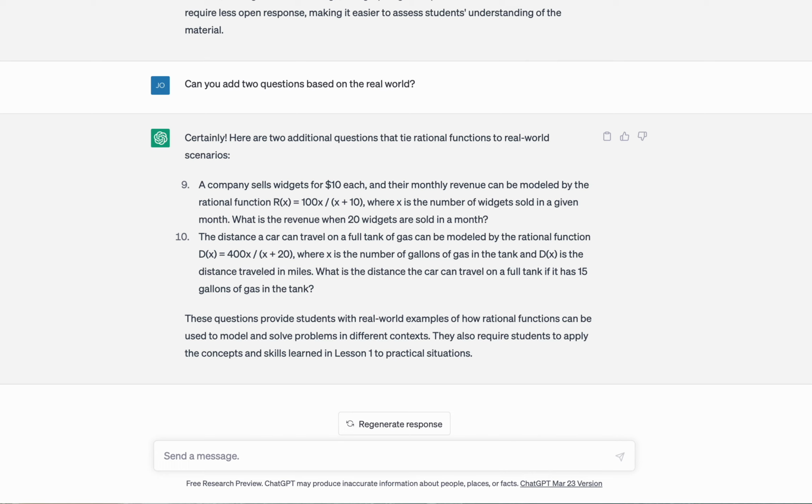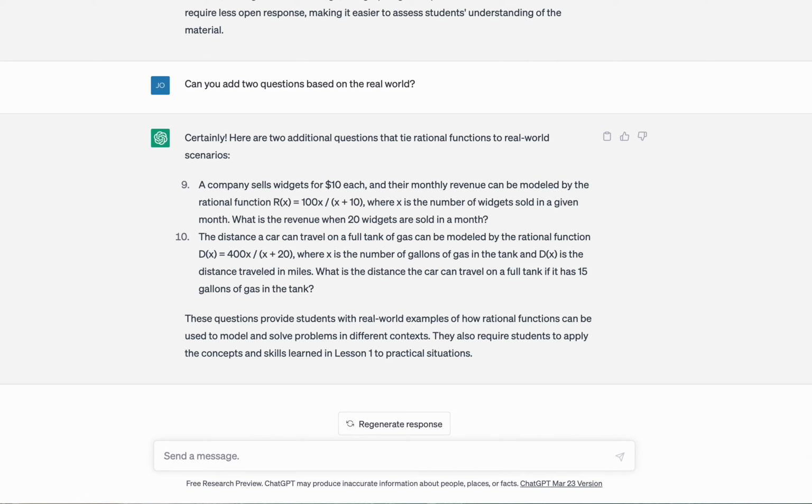Yeah, so really just plugging numbers into both of those equations. So, what it does is it puts a real life scenario into a rational function, so that students can at least see it work, even though it's not really super deep in terms of level of knowledge and such.